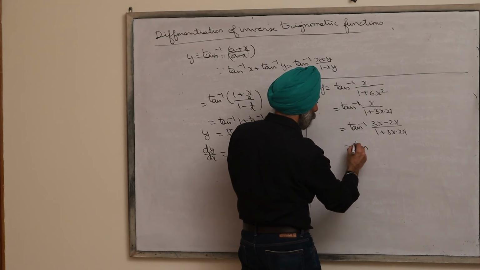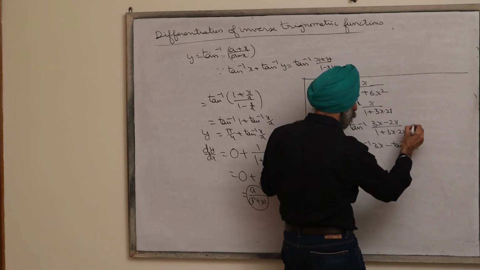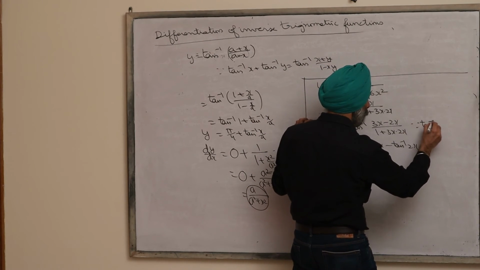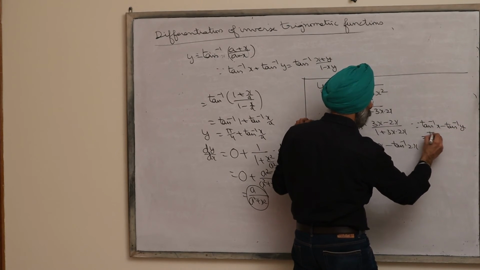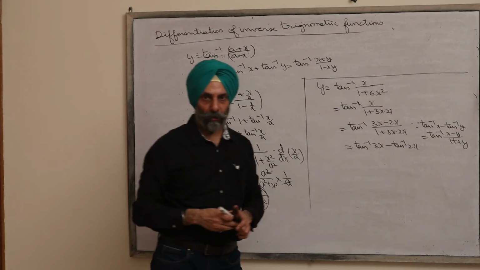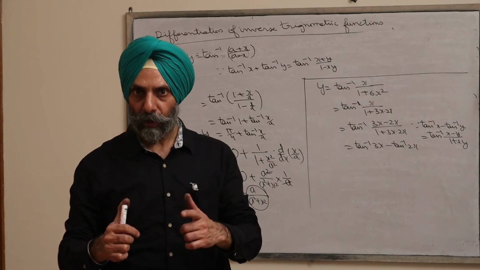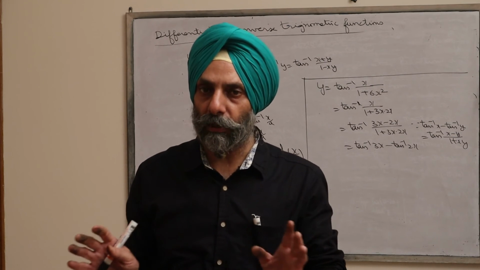Which is tan inverse of 3x minus tan inverse of 2x. Why? Because tan inverse of x minus tan inverse of y is equal to tan inverse of (x minus y) over (1 plus xy). So if you straightaway differentiate all these functions, maybe your teacher is not going to give you any marks for that.